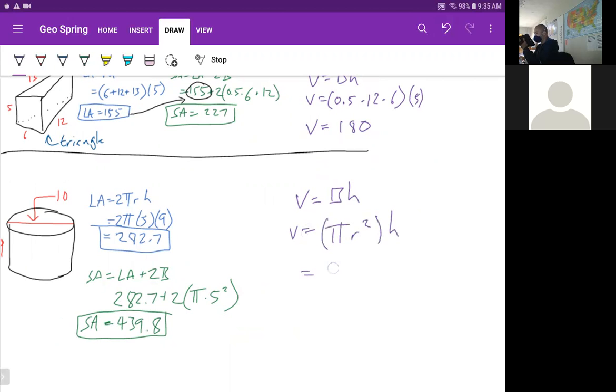So that's pi, who's r? R is 5, because that's 10 over there, so half of that is the radius. Height is 9. So calculator, pi times 5 squared times 9. That's 706.9.